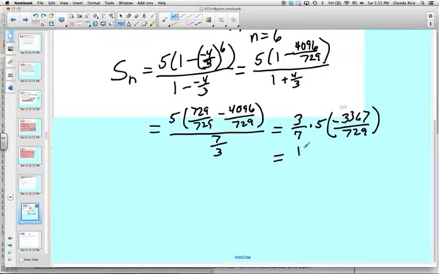Three times 5 is 15. 15 times 7 over 7, sorry, times negative 3367 over 729.